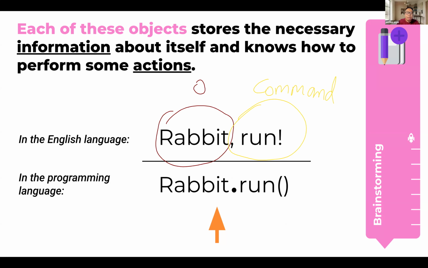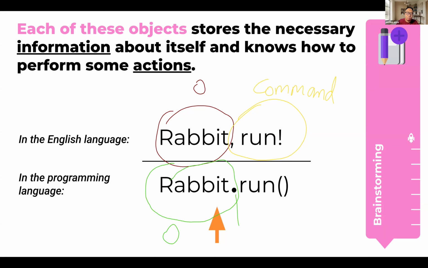But if you see, this is the same thing in programming. So this is how OOP is going to look from now until a couple more lessons ahead. This is going to be our object, the same thing. But if you see the difference, our object and our functions or commands are connected with dots in programming, in Python.